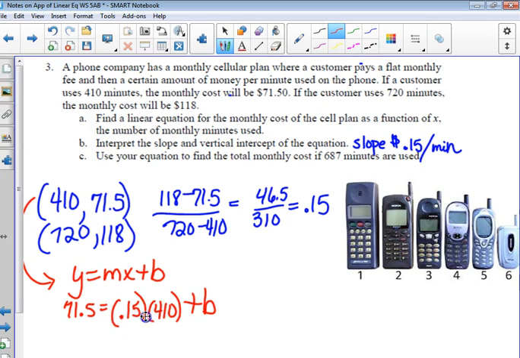So he said multiply those together and then subtract them over here. Is that going to work? He was just logicking through it without doing an equation. You could have also done Y minus 71.5 equals 0.15 times X minus 410 if you like point slope, okay?